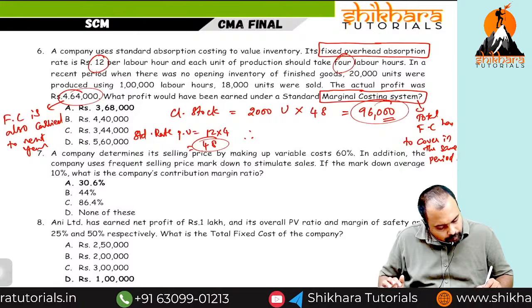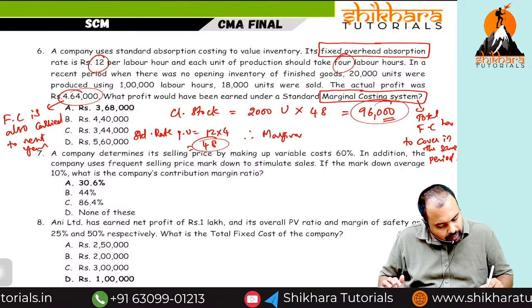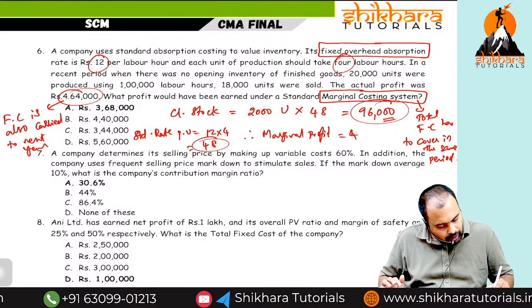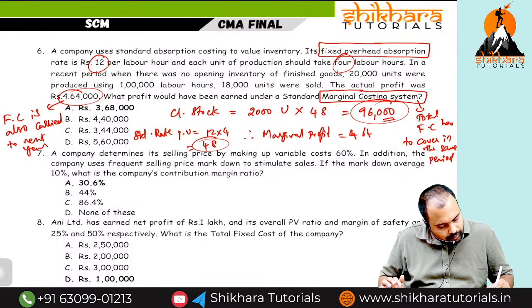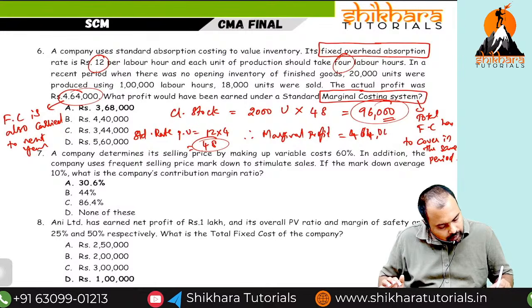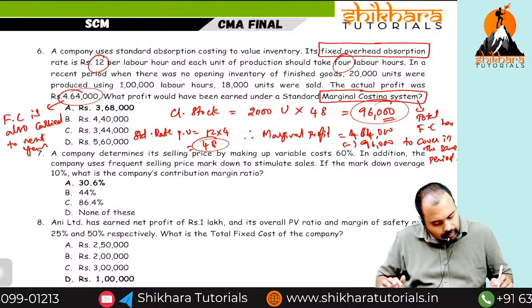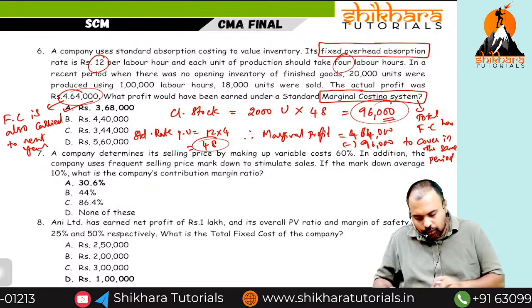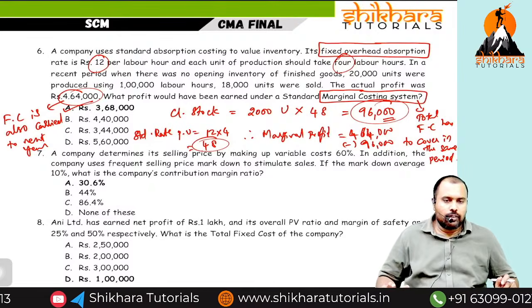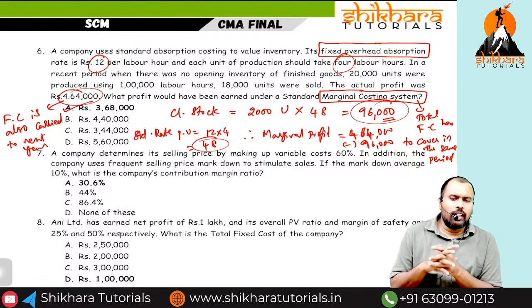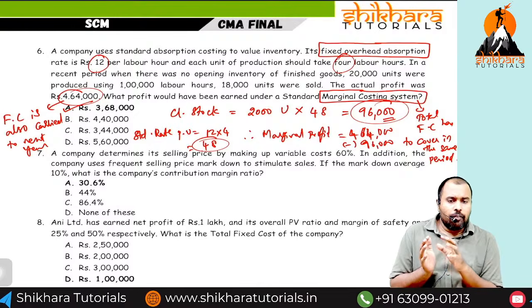Therefore, marginal profit is equal to 4,64,000 minus 96,000, which leads to 3,68,000. Simple, sir.